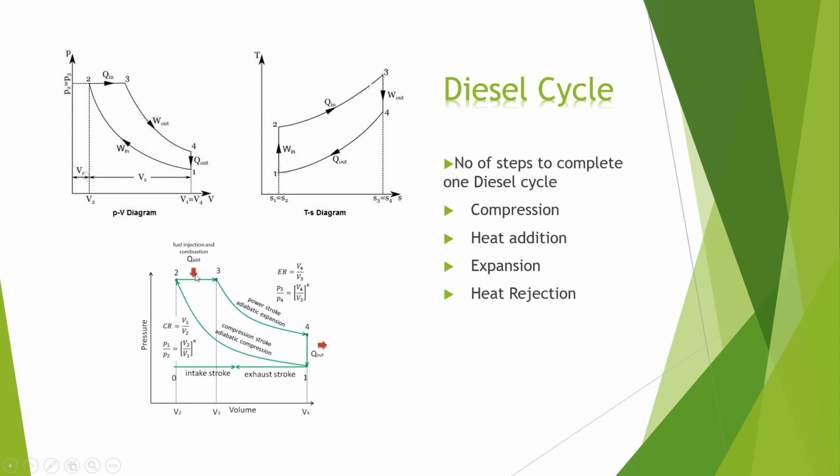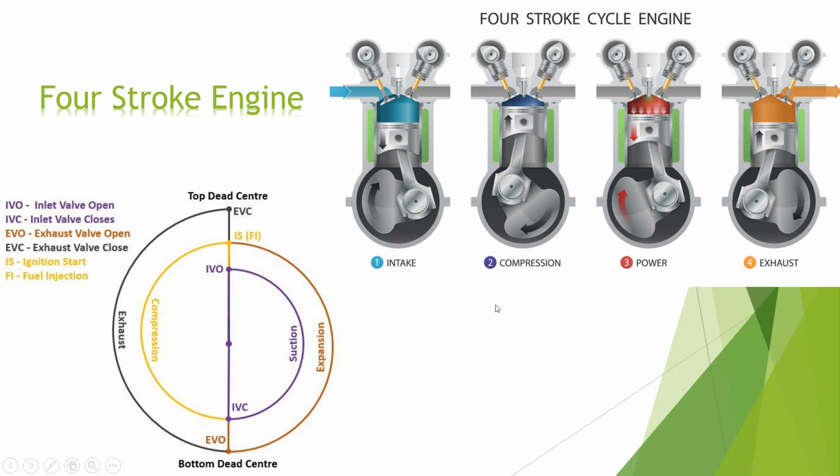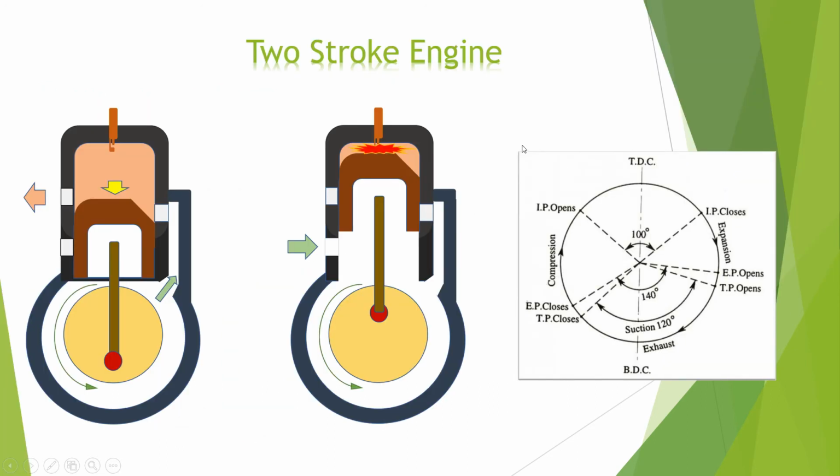The combustion leads to production of gas pressure, which then gives the useful work in the power stroke. And at the end of the power stroke, again the exhausted material will be sent out in the exhaust stroke. So that is about diesel cycles.